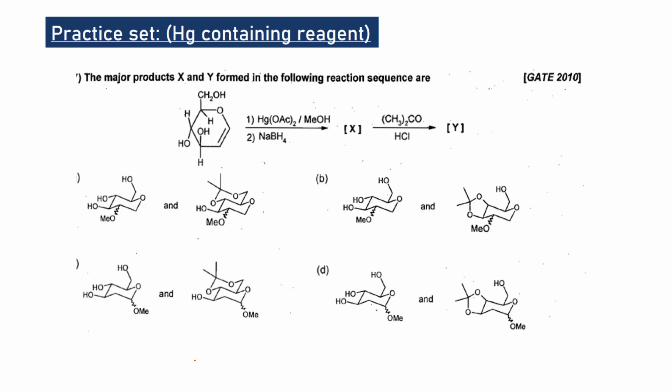Let's go from scratch. So first this mercury cyclic transition state will form.